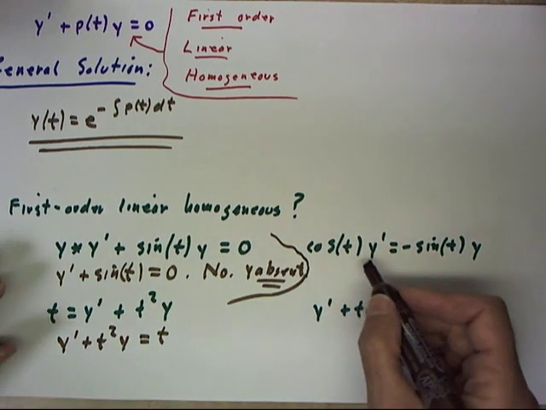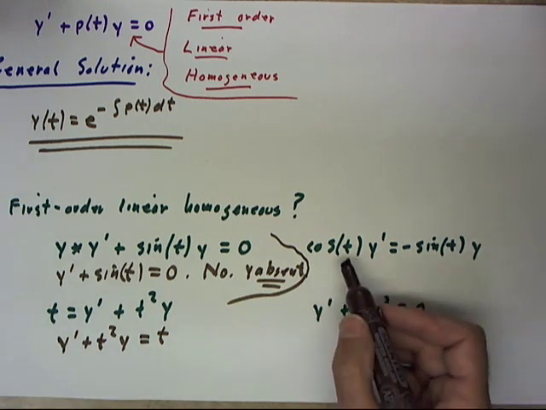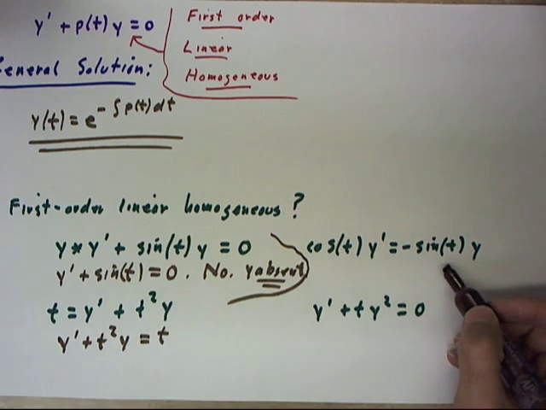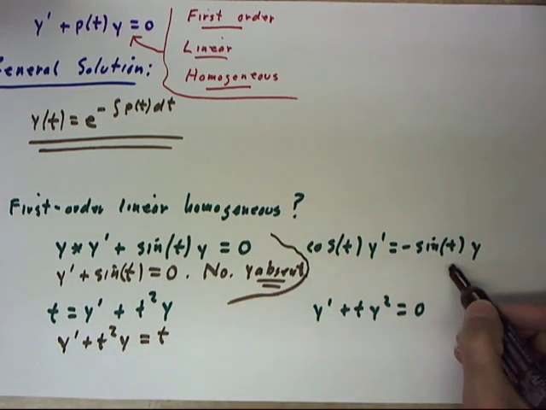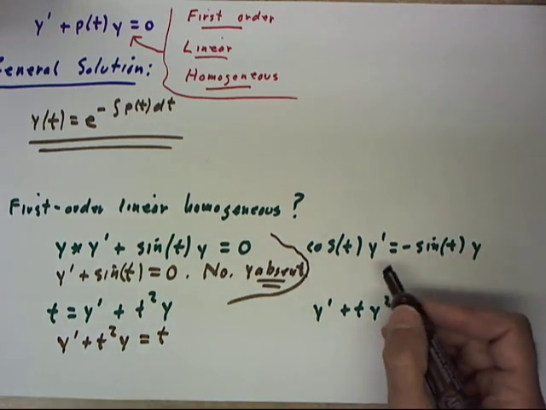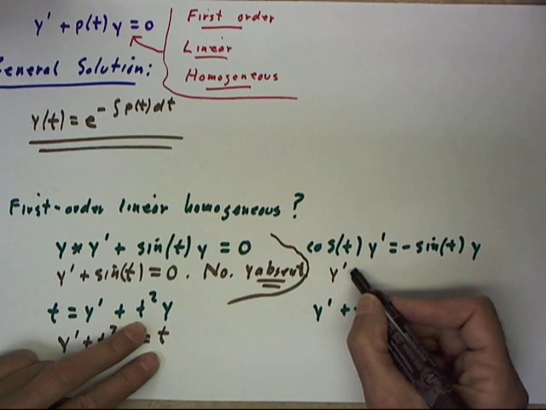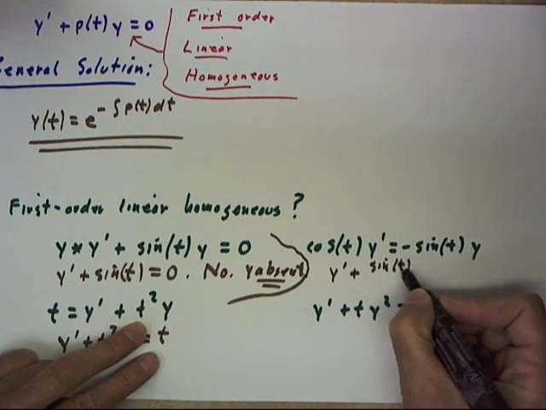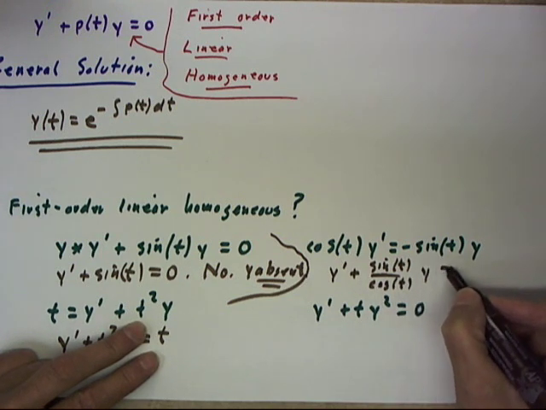Consider this equation, cosine t y prime equals negative sine of t y. Well, if we divide through by the cosine of t, we're going to have a sine of t over cosine of t in front of the y, and then we can bring that over to the left-hand side and fairly easily see that this is sine of t over cosine of t y.